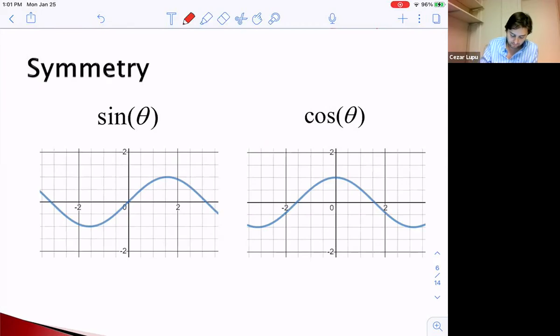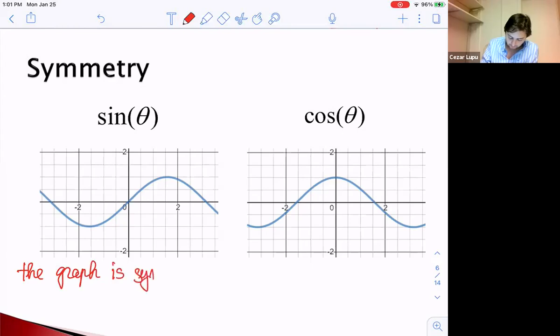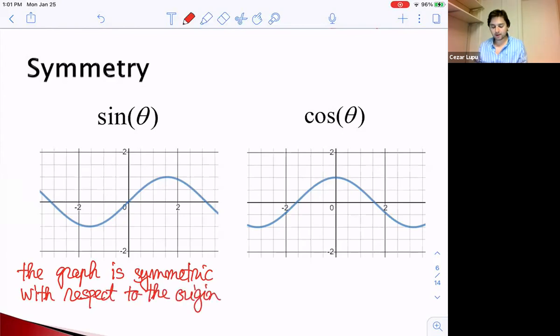So let's write this. So the graph is symmetric with respect to the origin. And what about the second graph? What can we say? That the graph is what?